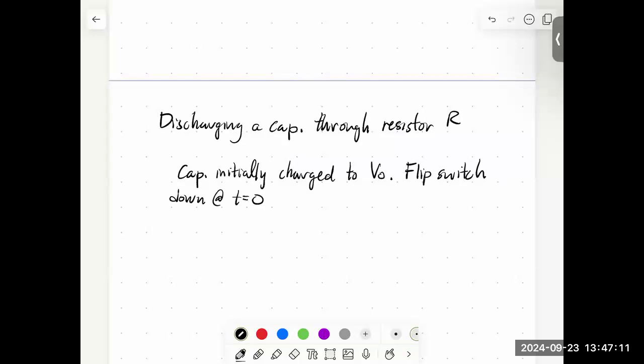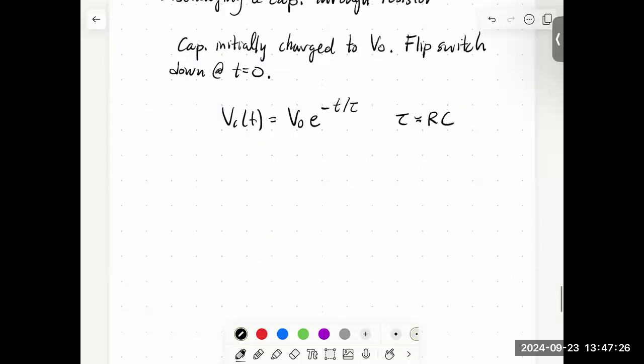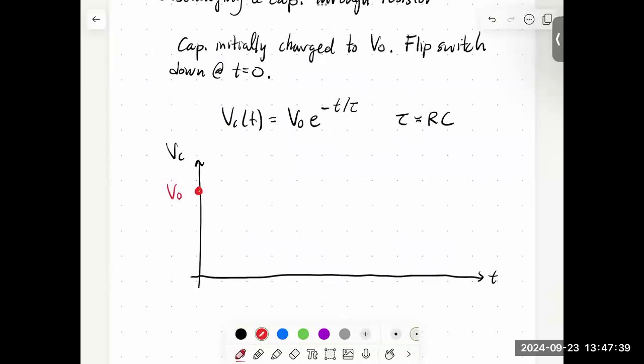The capacitor voltage as a function of time is going to be V naught e to the minus t over tau, and tau is the same product of R and C. If we plotted that case, our capacitor voltage would start at V naught, and then it's just an exponential decay. It looks something like this. This shouldn't be rising up. It sits at 0.